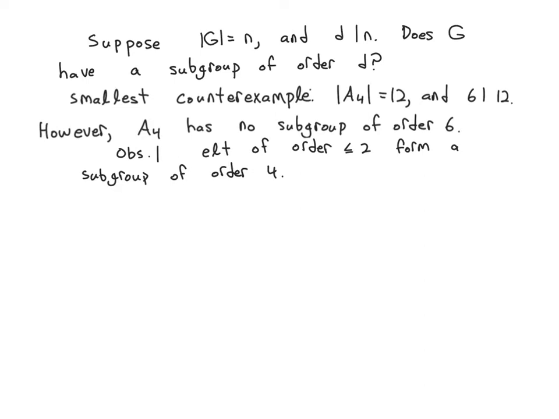So in other words, if you want a subgroup of order 6, then H is going to have a 3-cycle, because the elements of order 2 aren't going to be enough.